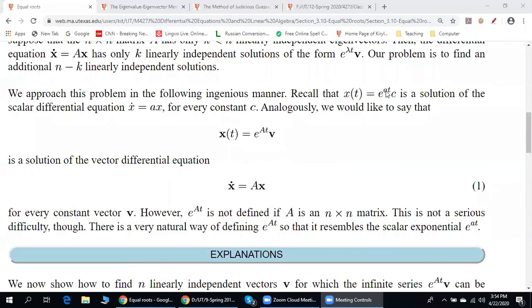We just replace lowercase a by uppercase A and lowercase c by boldface v. Now, of course, you may ask me a question, can we do it? Next question is, wait a second, how can we raise e to a matrix power?